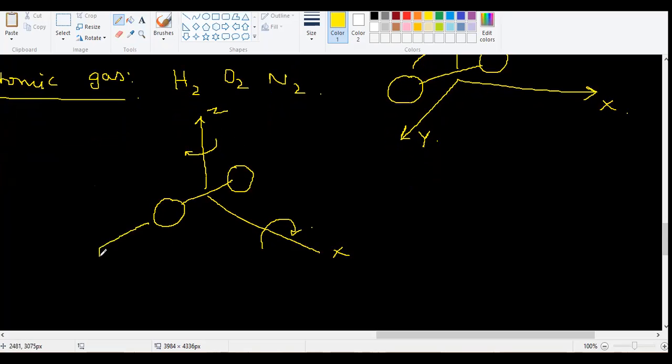But suppose you consider this as your y-axis in this direction. Suppose you are turning it like this, you see the radius is very, very small.